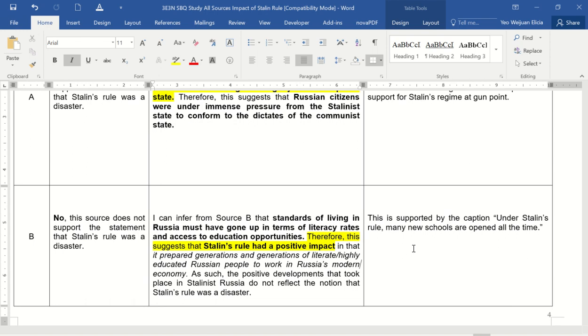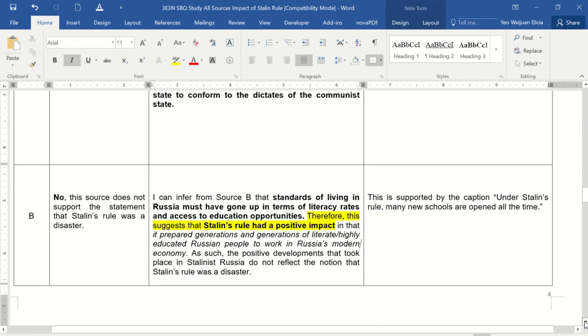Meaning to say, here we already have source A supports, then you have your explanation and evidence from source. Then you talk about source B does not support, with explanation and source. So it has to be a pair: one that supports and one that does not support will give you L3 5.